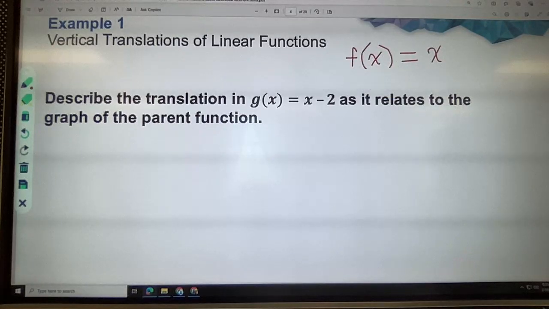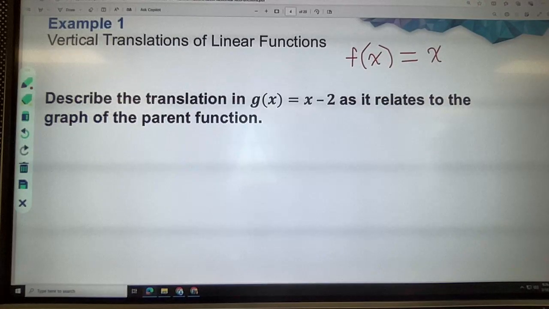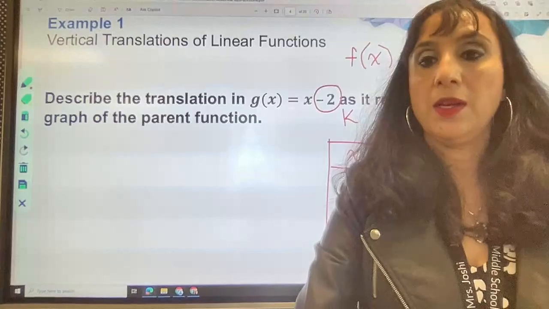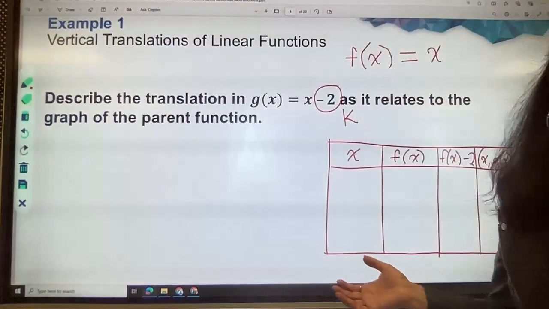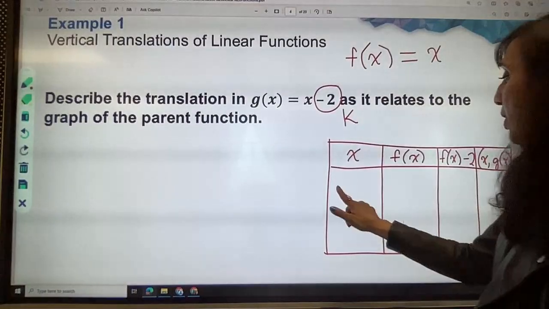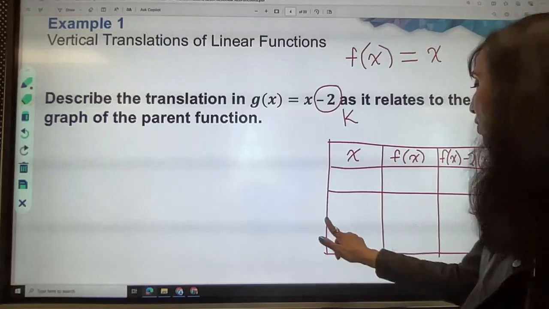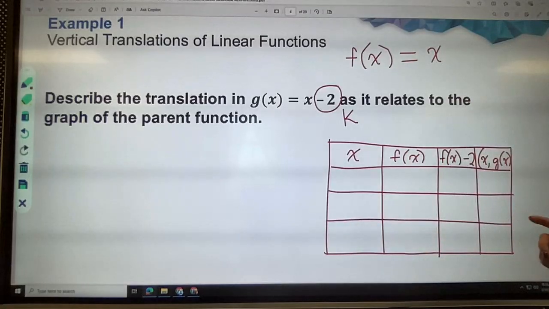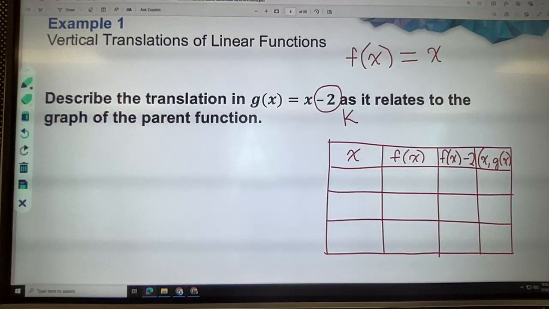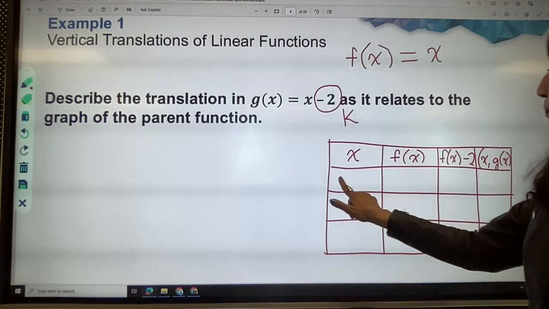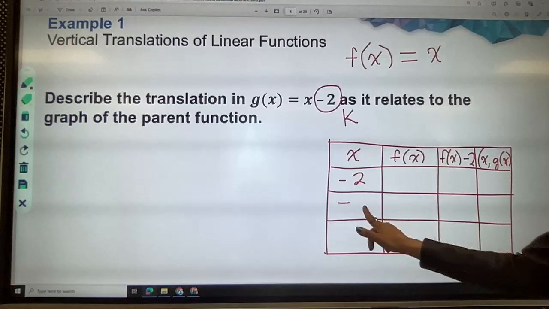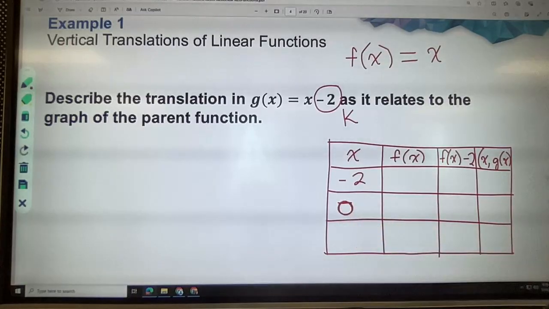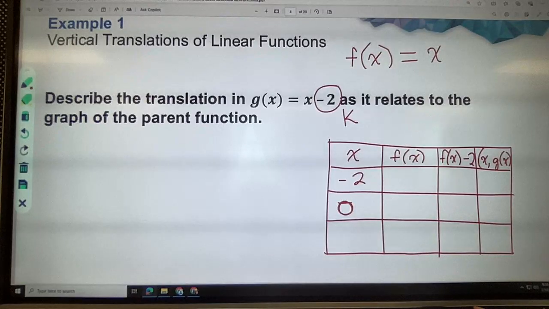All right, so if I'm looking at this, I'm going to create a table. If I create this table, I am going to give some values to my x. Okay, so let me give 3 values. So if I say x is negative 2, and I have x is equal to 0, and I have x is equal to 1.